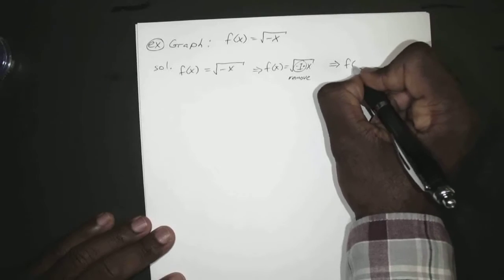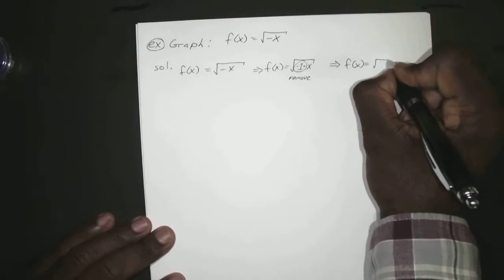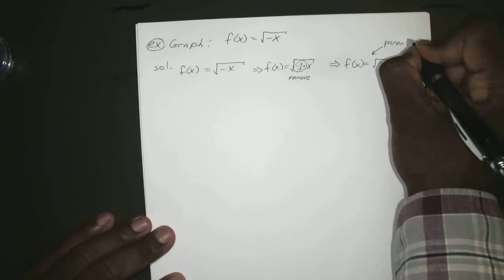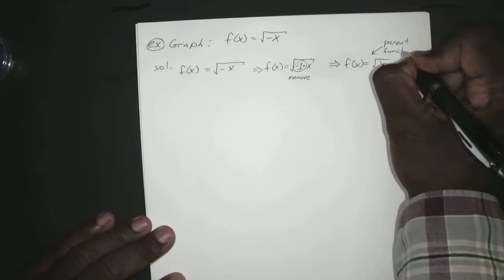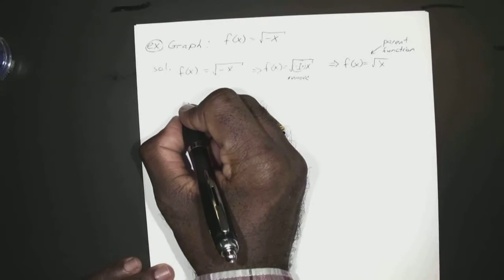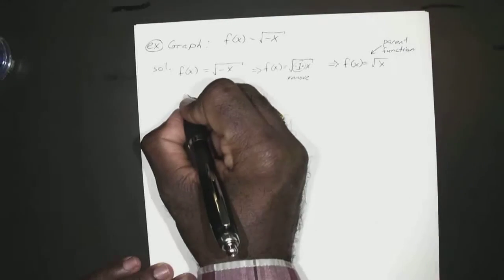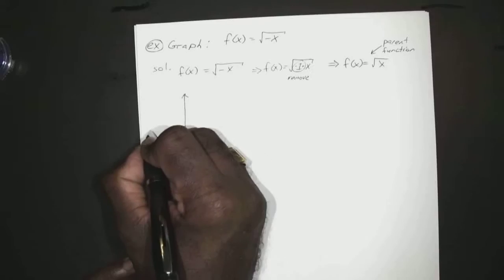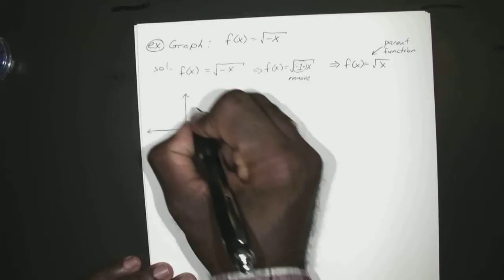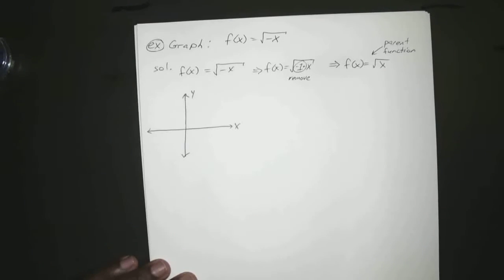So your f of x equals square root of x is your parent function. Okay, so that's where everything's going to start from. Okay, so you have your x and you have your y.